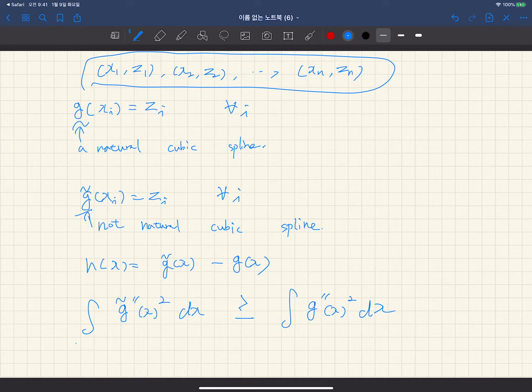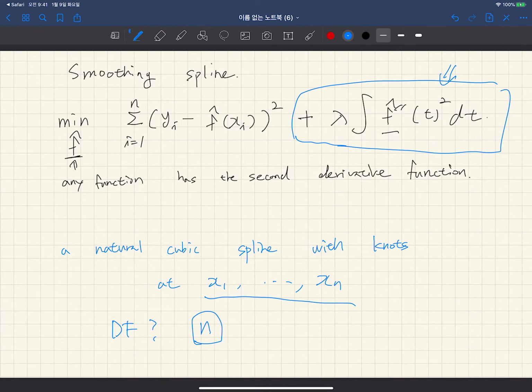Then from this property, we can always say this: for given f hat xi target outputs, you can minimize this additional cost part only with a natural cubic spline.